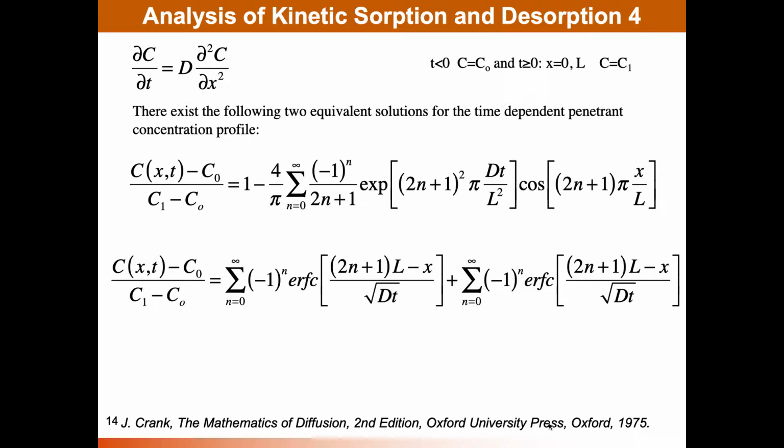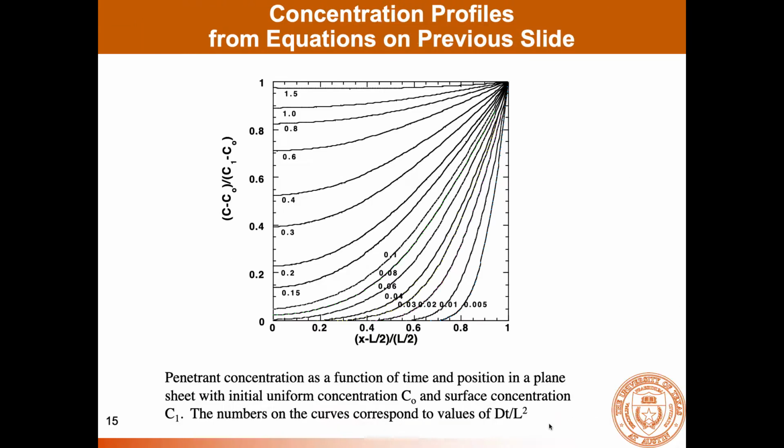It's measuring the total mass of material either released from the film or taken up by the film. And so we need a way to relate the local concentration, which can be modeled using Fick's law, to the total amount of mass that is in the film at any given time. And the way we do that is essentially by integrating the concentration profile across the film thickness.